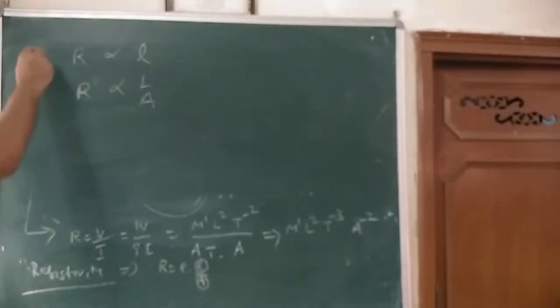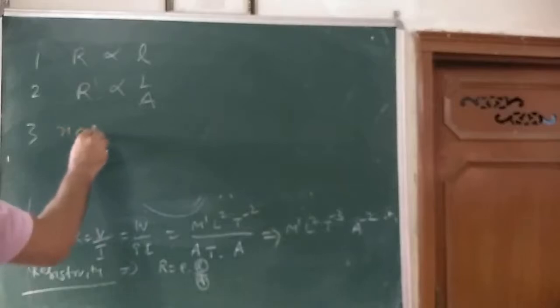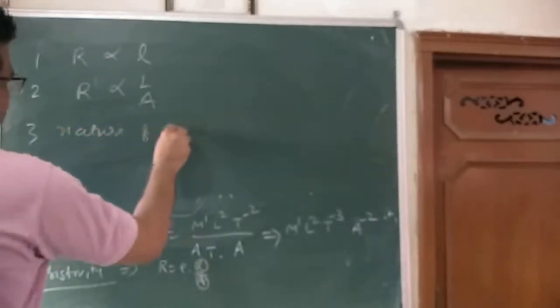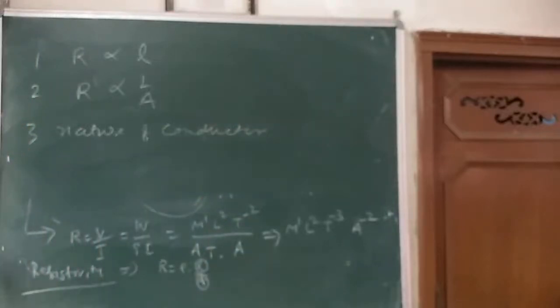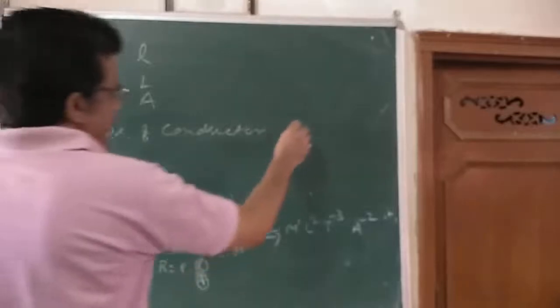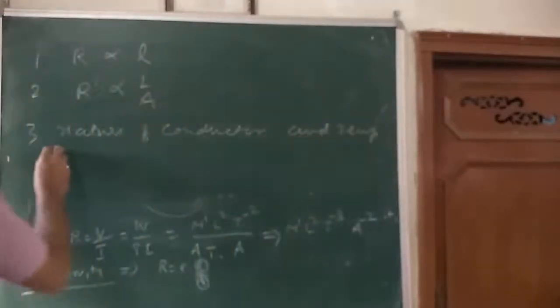And third one is, resistance of a conductor also depends on the nature of the conductor and the temperature of the conductor.